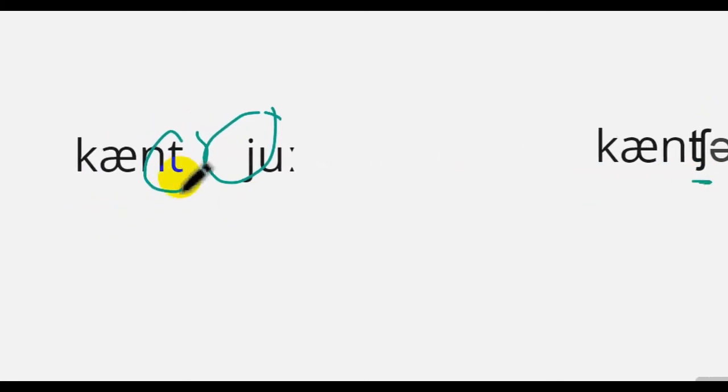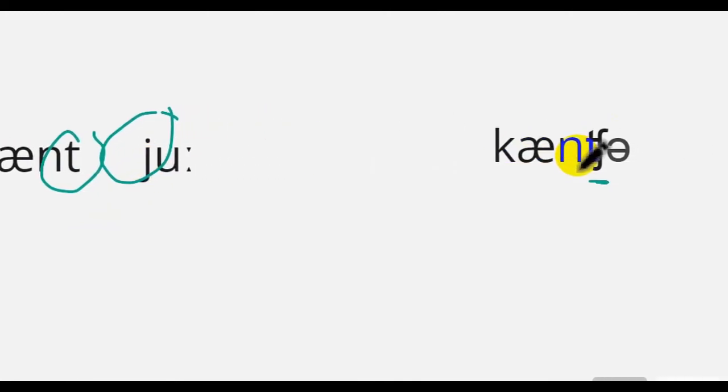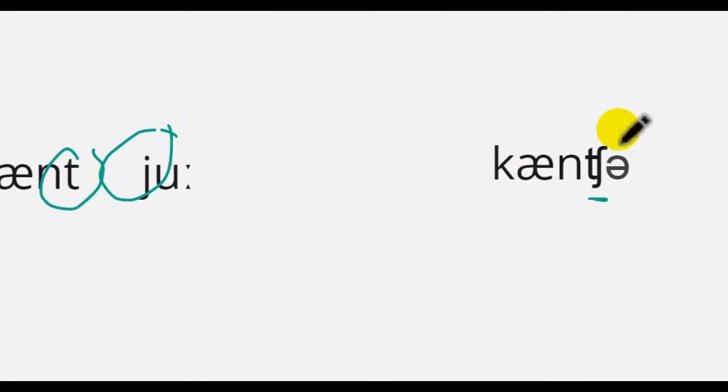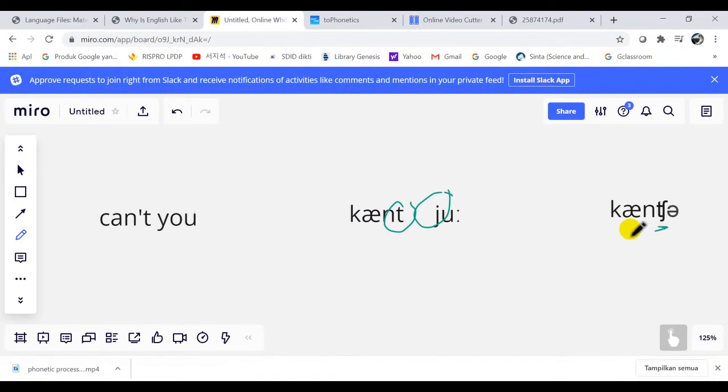Because t is alveolar, y is palatal, so it will be easier for them to meet between the two. That is the alveopalatal sound. So "can ch." Okay, t is voiceless, so it becomes the voiceless alveopalatal ch. "Can't you," "didja," "can'tcha," "wantcha." So those are the examples of reciprocal assimilation.